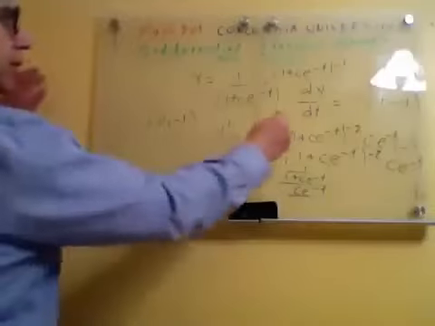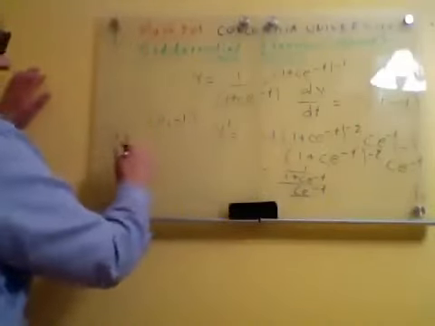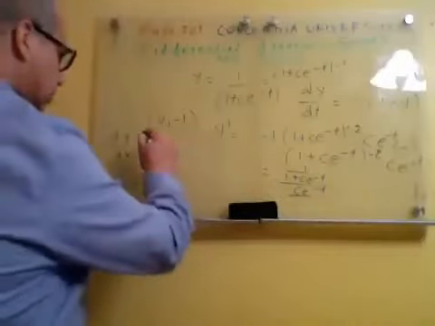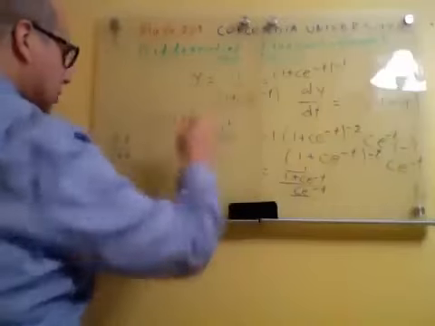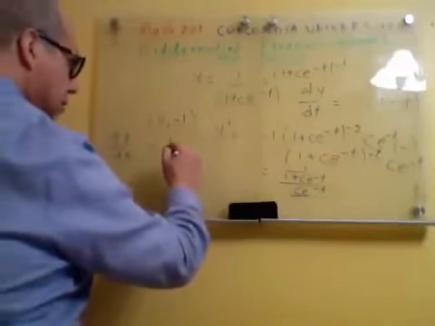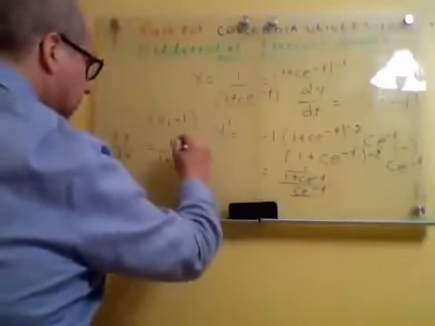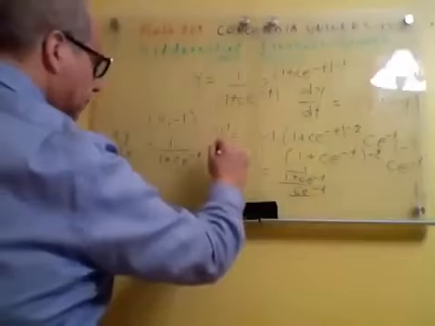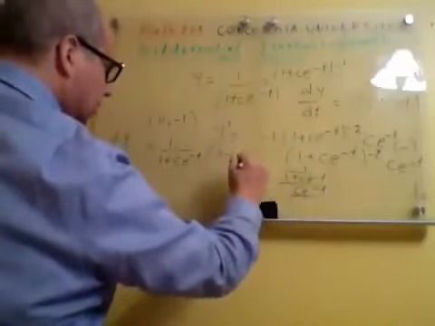I mean, if you take dy over dx, that should be equal with y, which is this here, times 1 minus y, which is this here.